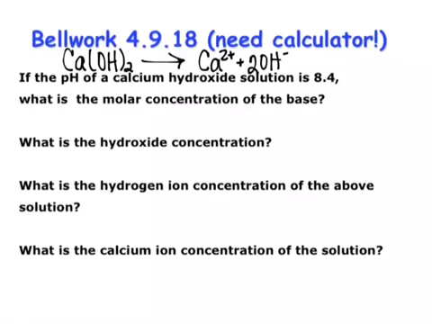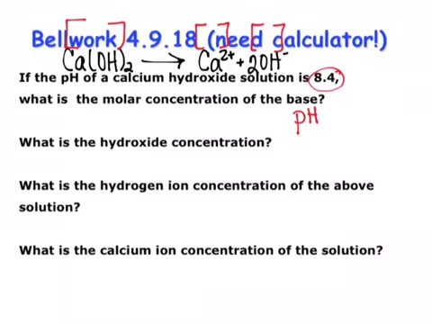Now the question says that it has a pH of 8.4. So I want to know what is the concentration of this. That's the molar concentration. I want to know the concentration of this, and I want to know the concentration of this. We need to find all those concentrations.